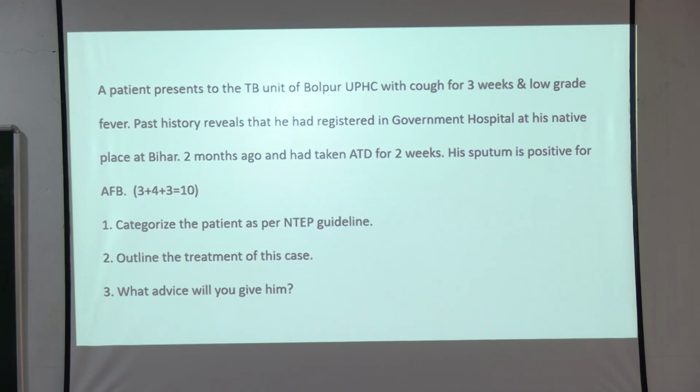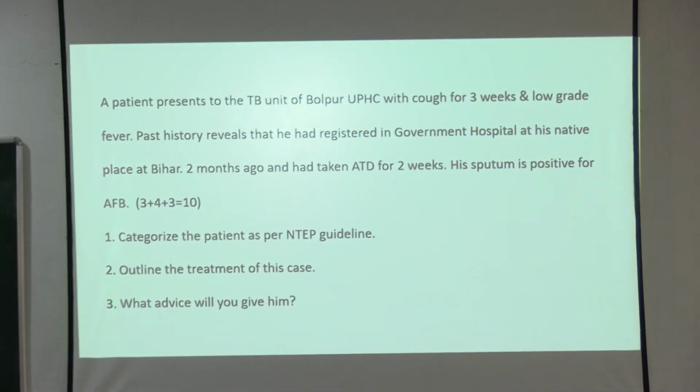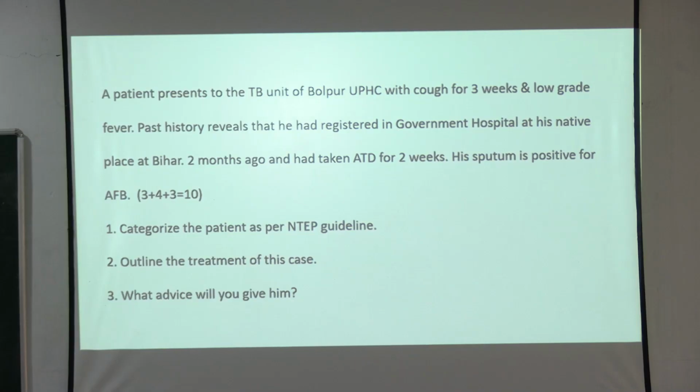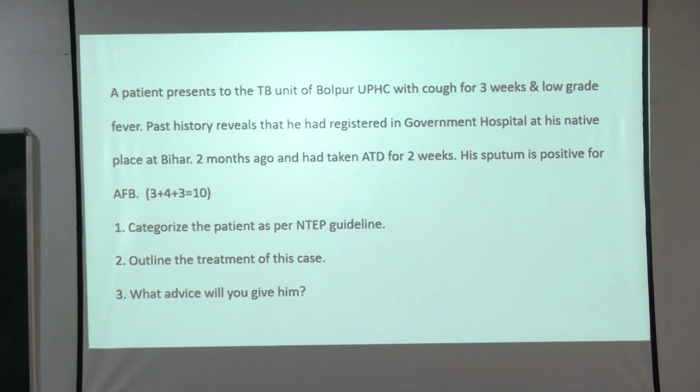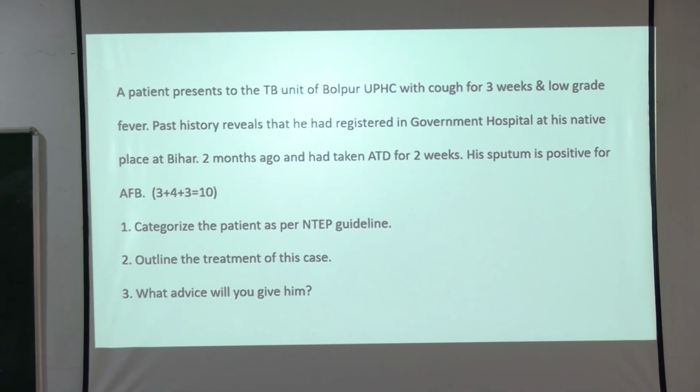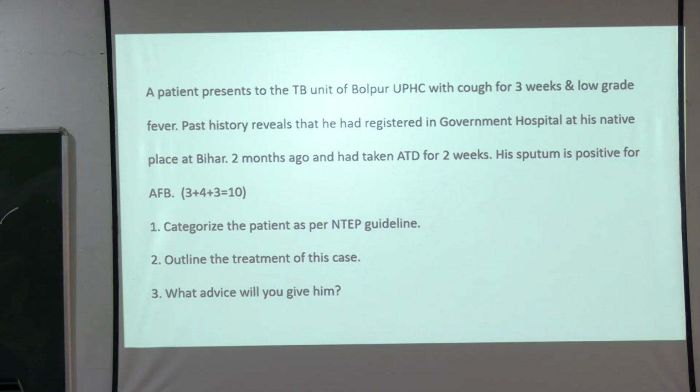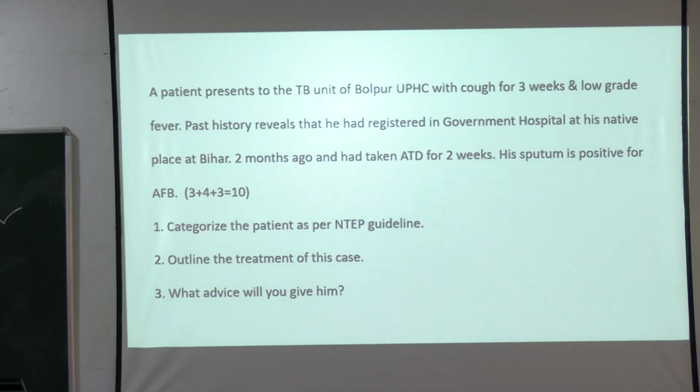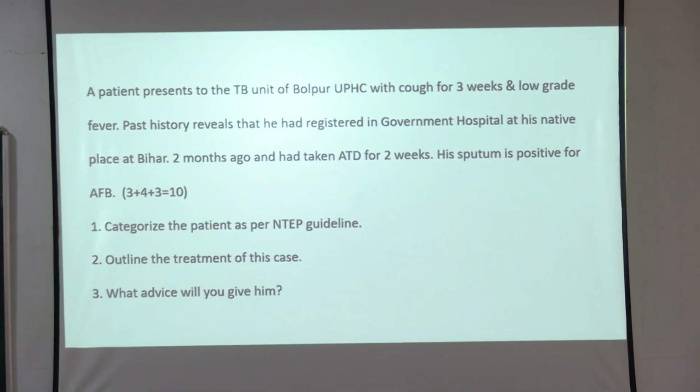As per NTEP guideline, at any moment, he has to complete at least the intensive phase or at least 1 month. Has he completed 1 month? Less than 1 month. Then what is the category? A new microscopically confirmed case of TB, and as per program guideline it is a new case.